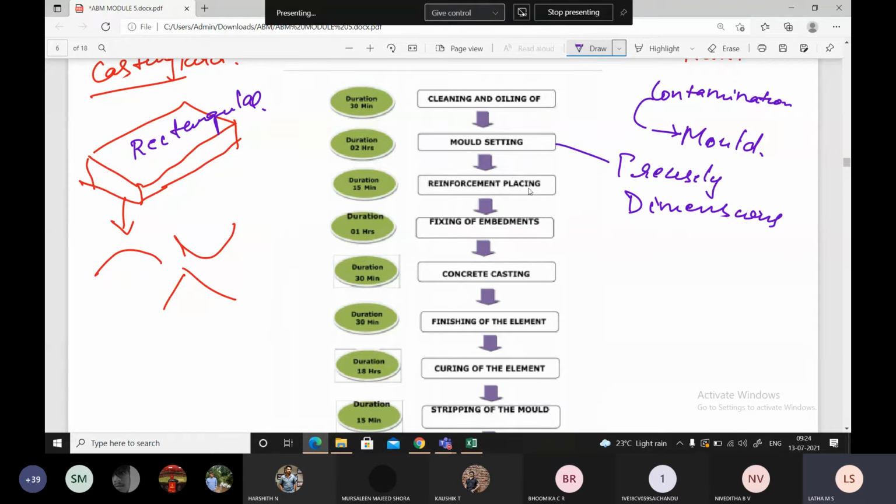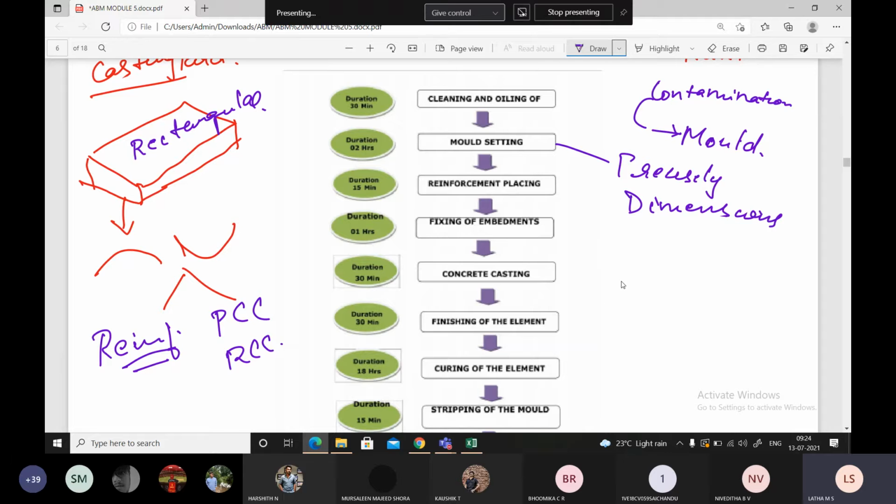And reinforcement. It is a precast reinforced concrete. So the reinforcement has to be induced, otherwise it is not possible to attain the strength. It is not a PCC, it is an RCC element. Okay, now precast reinforcement is required to be placed.